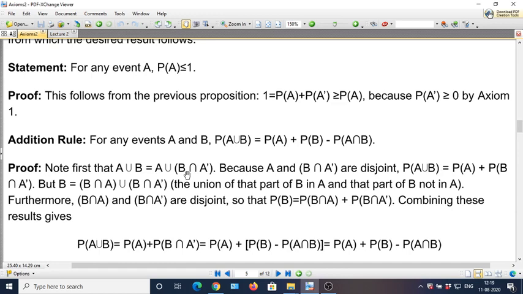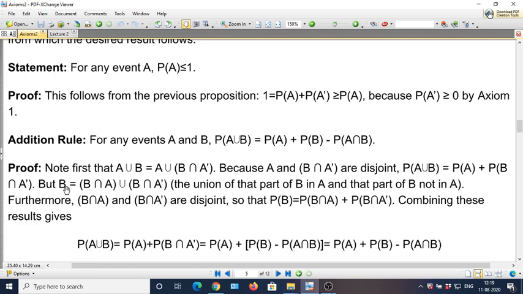So this is a way of rewriting it. The advantage being these two sets are disjoint. A and B intersection A complement are disjoint, so their probability measures add up. Using the known result, P of A union B is P of A plus P of B intersection A complement.